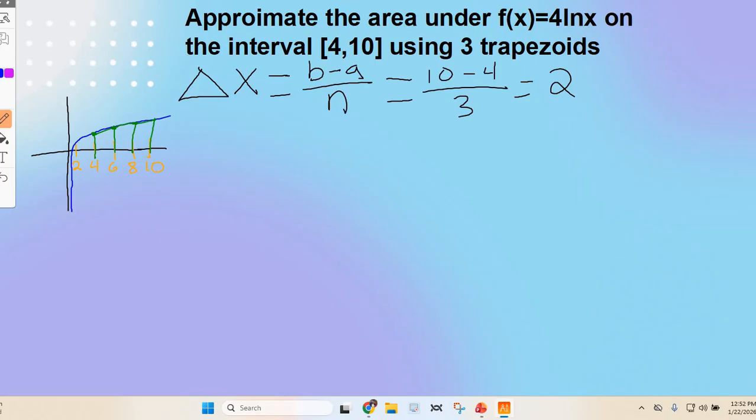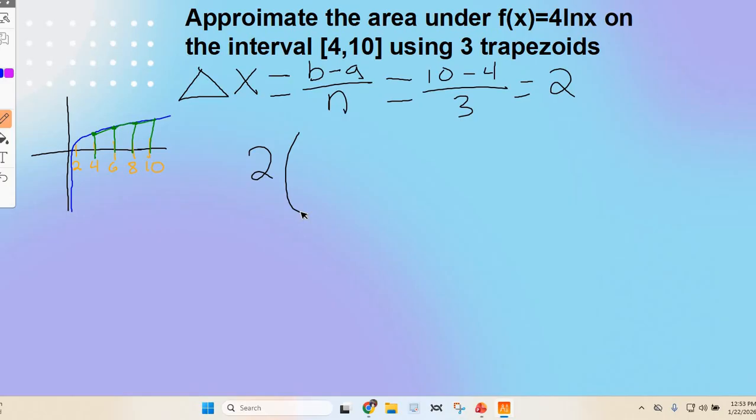So what did we say our widths are this time? 2, right? And they're going to be the same for all of them, so we can go ahead and factor that out. The only time that we have to multiply them separately is if they have different widths. Okay? So then we have base 1.